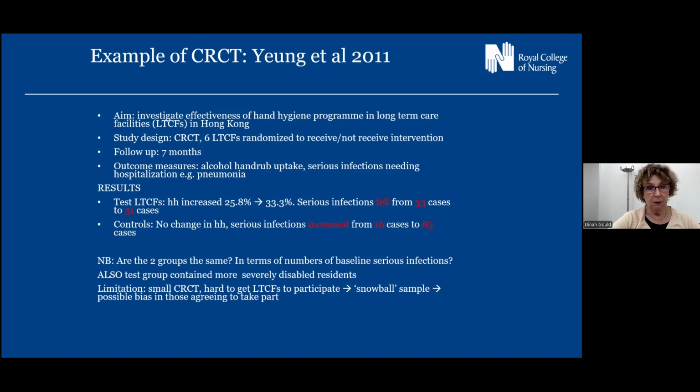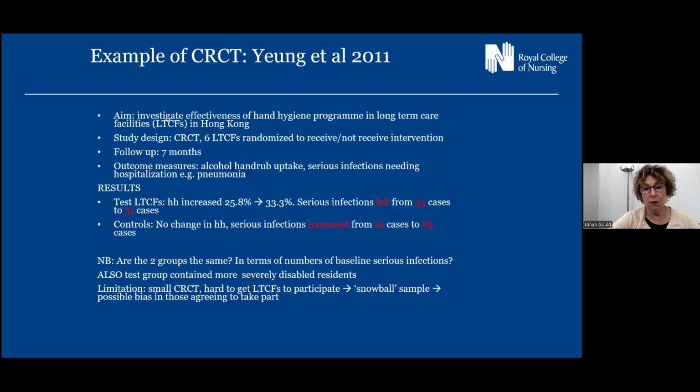So they measured alcohol uptake and serious infections where the old people would or wouldn't need to go into hospital, things like pneumonia. And in the results, you can see that in the test long-term care facilities, hand hygiene increased and serious infections fell from 33 cases to 31. But in the controls, where they didn't have alcohol hand gel, there was no change in hand hygiene, and the serious infections actually increased.